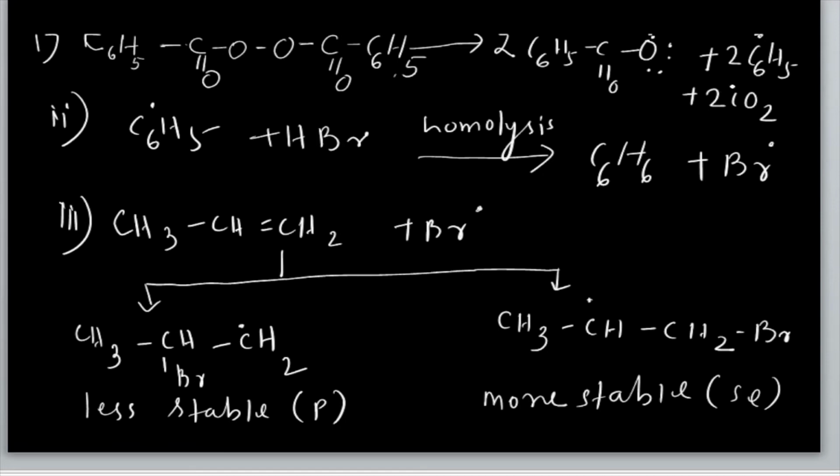That phenyl radical is very important, which will react with HBr. And here again, in HBr, H will come here, that is also homolysis, and Br with a free electron, that is called a free radical. Br dot, Br with an electron, is called the bromine free radical.